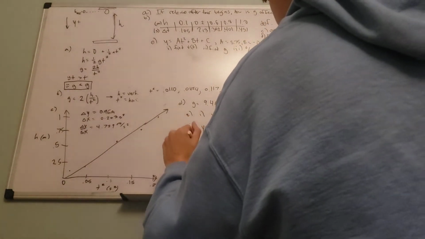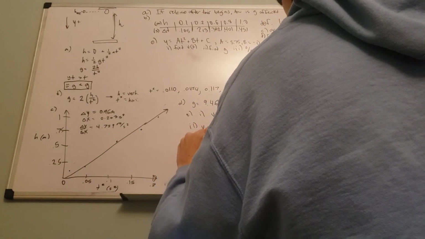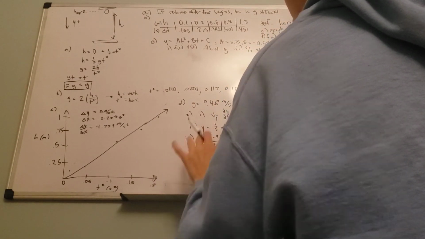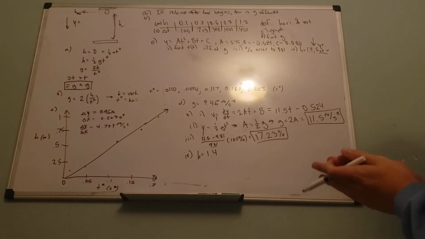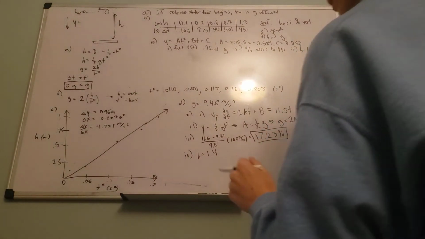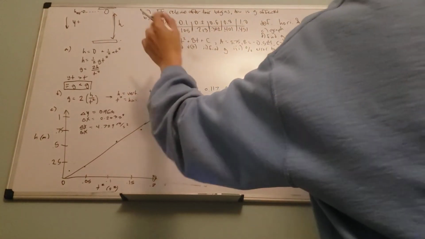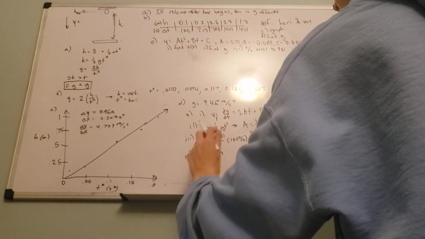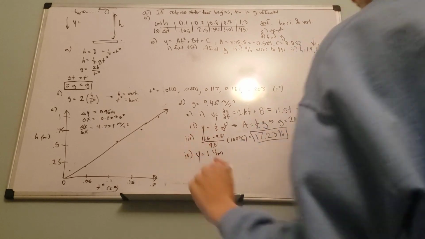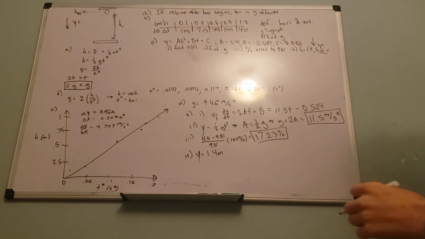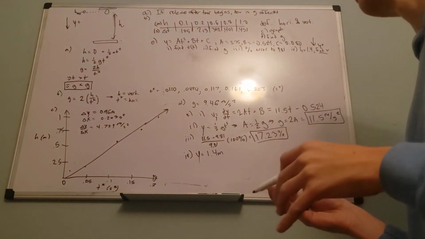Okay, so finally, we're actually going to use this quadratic equation. We are given that the final y, right, this position is 1.4 meters relative to the top. I'm just going to call this y, that makes more sense. The final y is 1.4 meters, and we're going to find the velocity right before the ball hits the ground.